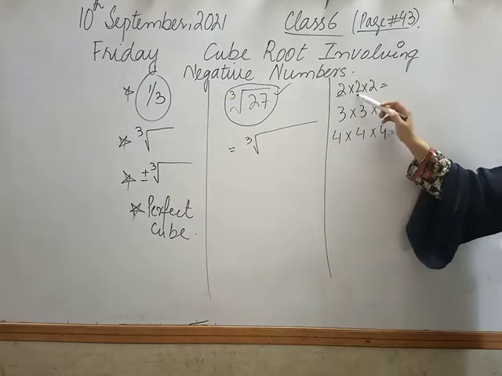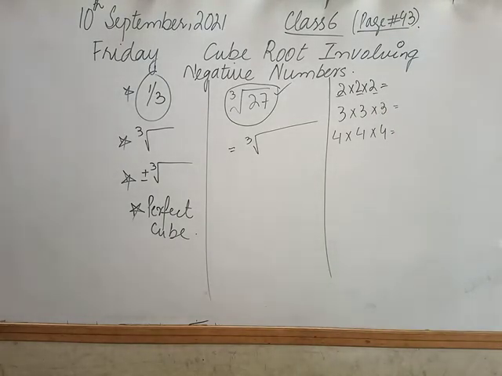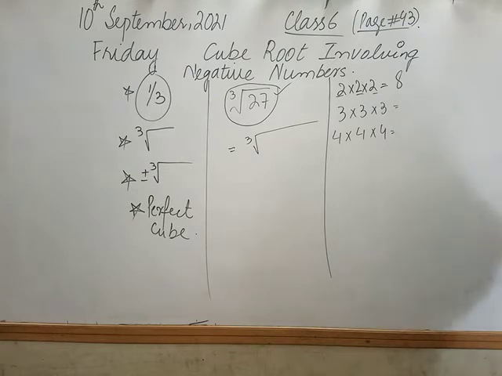The number is repeating 3 times because we want a perfect cube. Fine. Now class, 2 into 2 is 4 and 4 into 2 is 8. So when we multiply 2 three times, we have 8 in the end.